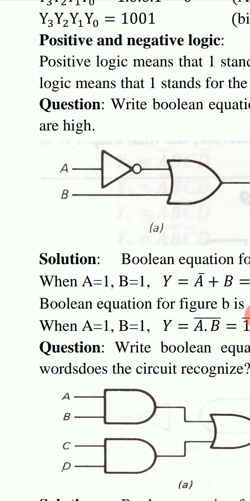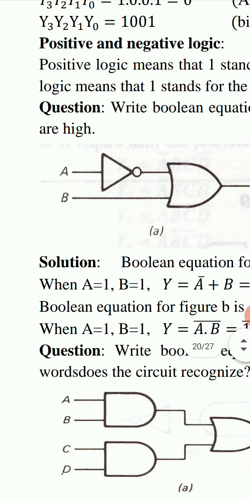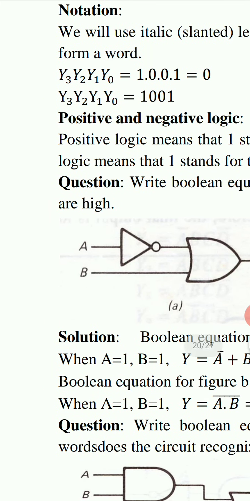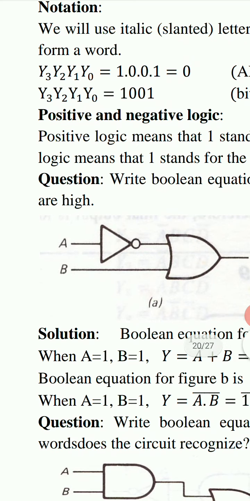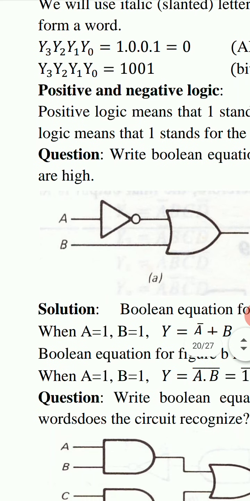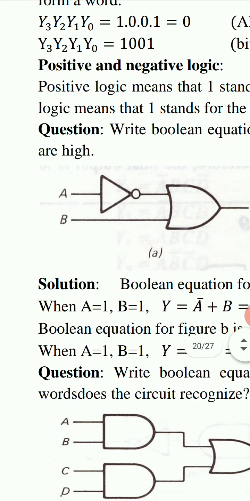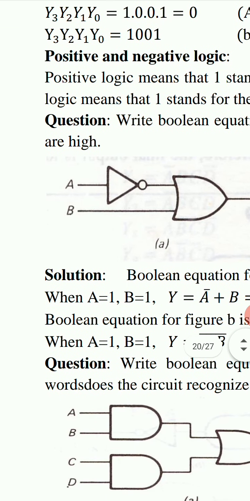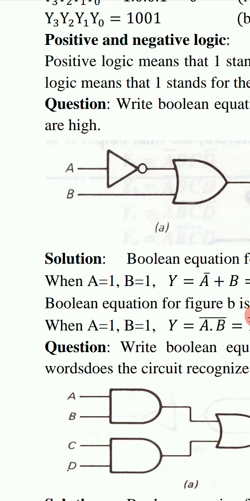Here there is no AND operation. So for an AND operation, we write y3, y2, y1, y0 in italic or slanted letters, or put a dot between them. And for a word, we write in Roman or upright letters, with no dot between two bits, and we write 1001. This represents a word.